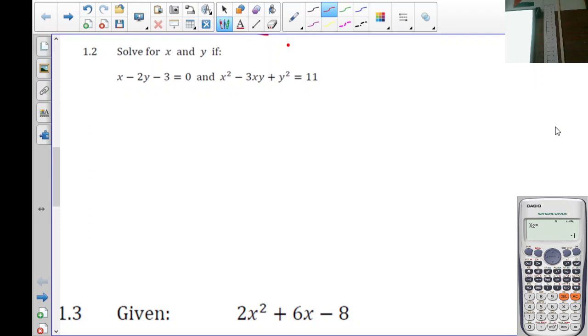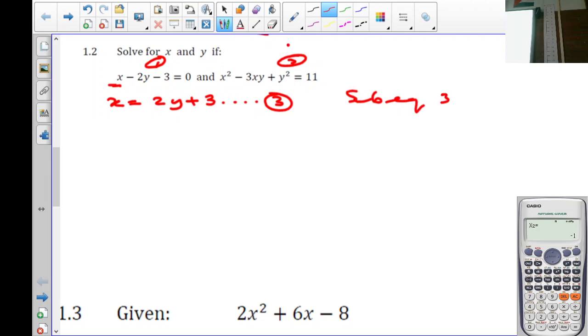From equation 1, I'm going to make x the subject of the formula. So x is equal to 2y plus 3. Let's call this equation 3. If that is equation 1, equation 2. Now we're going to substitute equation 3 into equation 2. Wherever I see an x, I'm going to put 2y plus 3. So there's an x and there's an x.